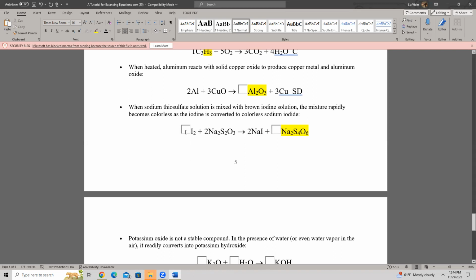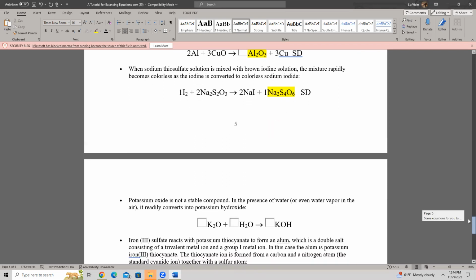Or if you're just looking at the iodine, you could have done the iodine also. So this was a single displacement with a tail, is what I call it, because it's got an extra component to it that it's hard to see, but it's there. If you look at it, the iodine actually replaced this guy in the sodium.